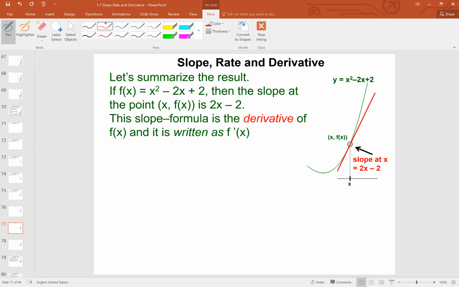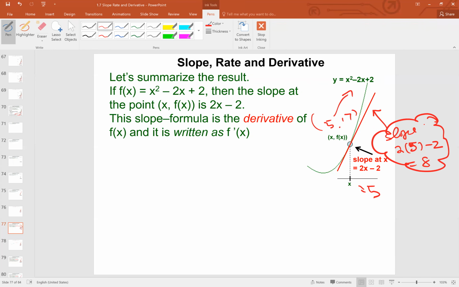And so, for example, if x is 5, you draw a tangent line, and I know the slope at the point 5 of the tangent line is 2 times 5, we plug in the formula, minus 2. It's going to come out to be 10 minus 2, it's going to be 8. So this formula gives you the slope at an individual point x, wherever you want x to be.